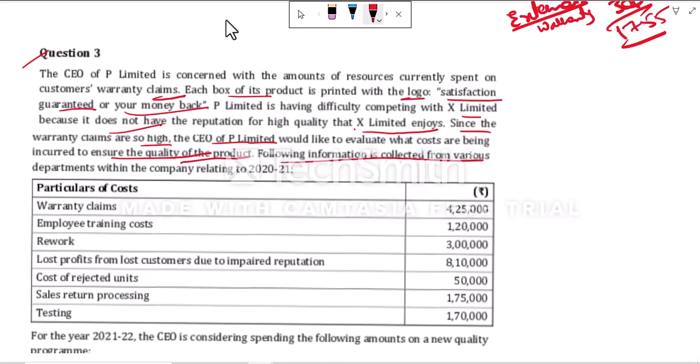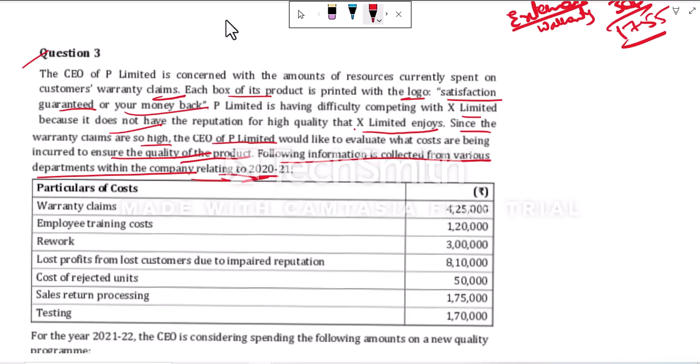The following information is collected from various departments within the company relating to 2021. So they are getting more warranty claims, it seems. In order to compete with the company giving more quality, the CEO of P Limited has decided to get all the information regarding what costs increase the quality.